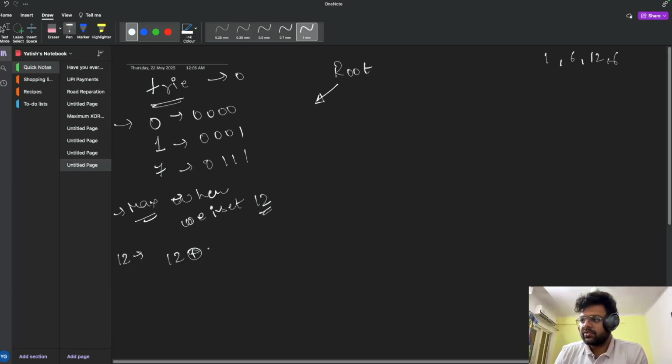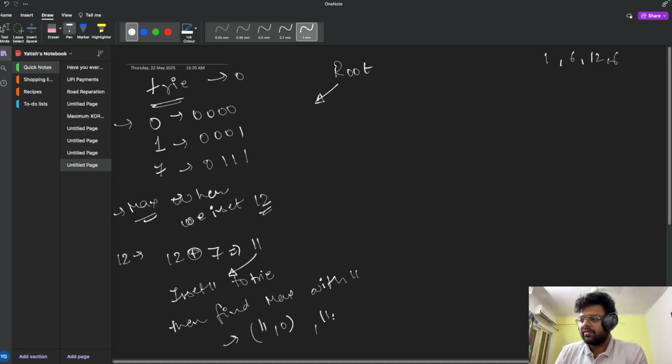So here 12 XOR 7 would actually give us 11. And now we would be inserting this 11 into our trie. Insert 11 to the trie and then find the max with 11. So finding the max with 11 would be 11 XOR 0, 11 XOR 1 or 11 XOR 7.